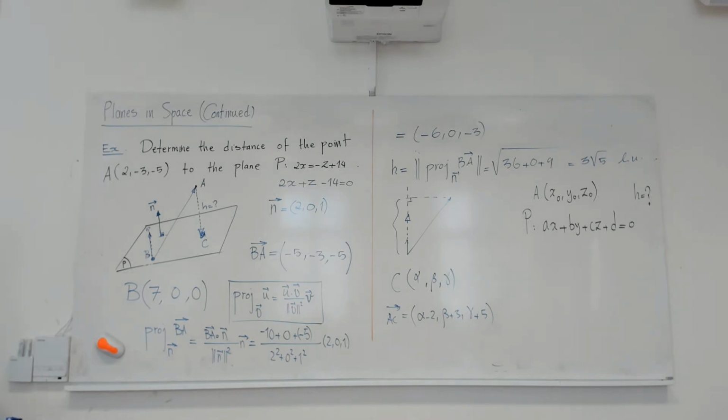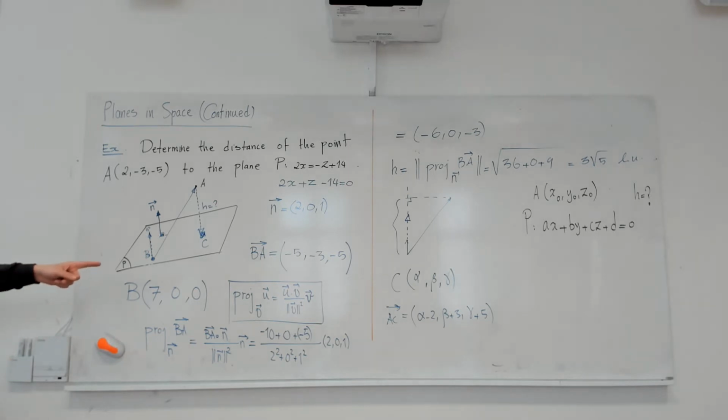Okay, then what? As you said, this should be parallel to this vector. But don't continue. How many pieces of information will it give you? How many unknowns do you have so far? 3: alpha, beta, and gamma.